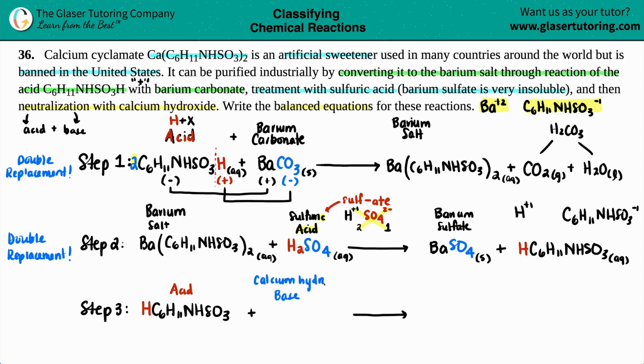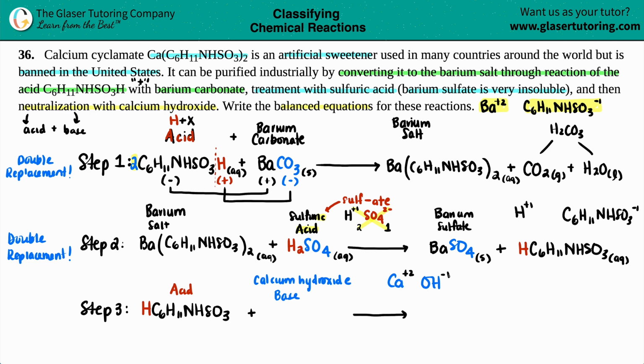But we just need to figure out what calcium hydroxide is. Well, we have calcium, which is Ca, and calcium is in group 2, so that's a +2 charge. Now, hydroxide, if you looked on the periodic table for where hydroxide is, you're not going to find it because hydroxide is a polyatomic. Hydroxide is OH with a -1 charge.